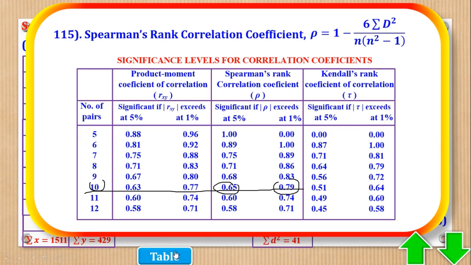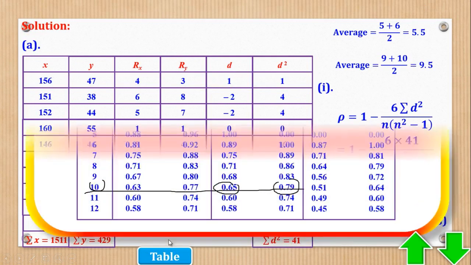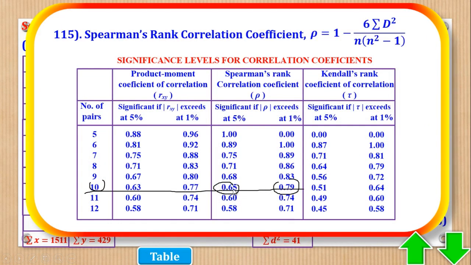If you look at your values here, the calculated value is 0.7515. 0.75 is bigger than 0.65, meaning at 5% it is significant, because of what they said here: significant if the magnitude of what you have calculated exceeds what is in the table. So significant at 5%, but at 1%, 0.75 is smaller than 0.79, so it is insignificant.